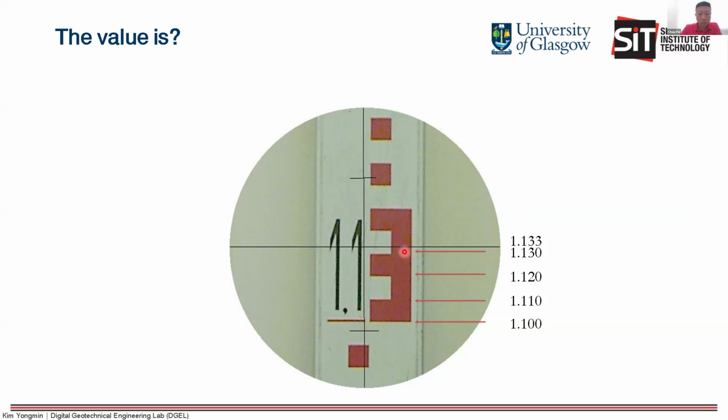Either you say it's 2 mm or 3 mm, it doesn't really matter, but it looks closer to the center, which is 1.135. So it's slightly under the middle, but closer to the center. So we put it 1.133. All right, so this is the method.